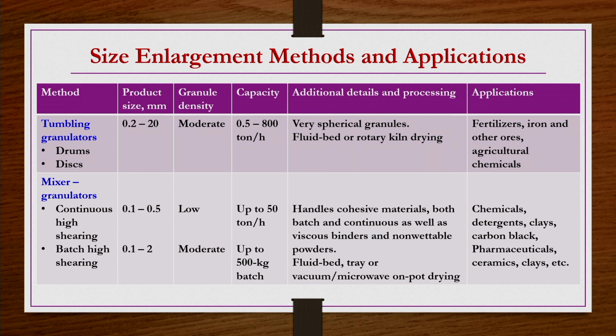Coming to the subsequent drying processing, fluid bed, tray or vacuum, microwave, and on-pot drying methodologies can be applied. These mixer granulators in general find applications in production of several chemicals, detergents, clays, carbon black, pharmaceuticals, ceramics, etc. So mostly for pharmaceuticals, ceramics and clays, batch high shearing mixer granulators are used.